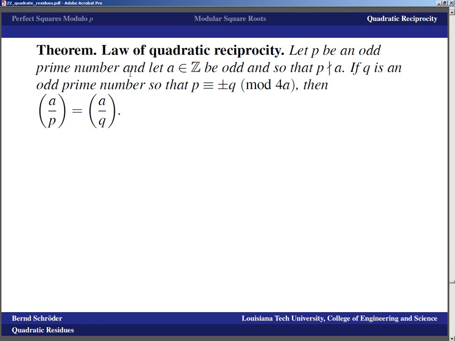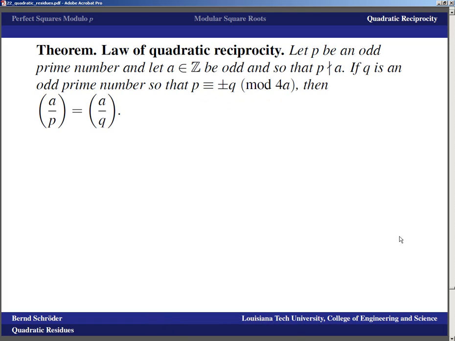So we take an odd prime number p, and we let a be odd so that p does not divide a. And if q is another odd prime number so that p is equivalent to plus or minus q modulo 4a, then the Legendre symbol of a over p is equal to the Legendre symbol of a over q, which means that the property that a is a perfect square modulo p only depends on the residue of the prime number in question modulo 4a.